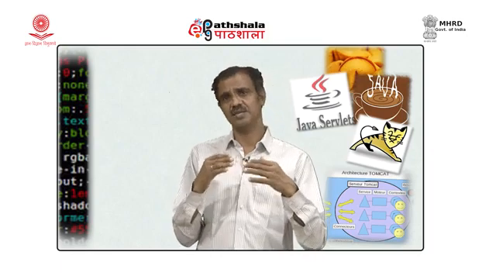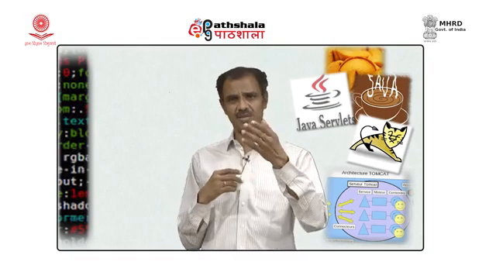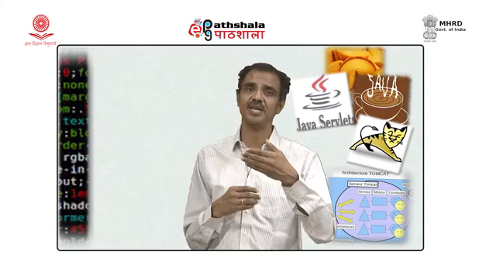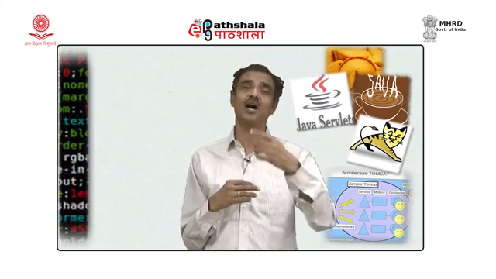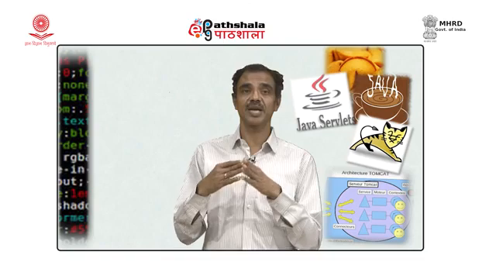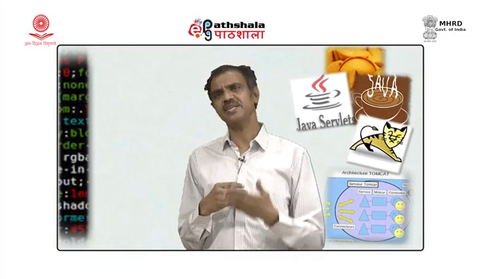This iteration tag has an ability where you may use an iteration tag where normally we have some kind of body. Now, you may like to repeat the body in the output again and again till a certain condition is met, which may be decided by the tag only. Then we have a body tag, which is again an extension of the iteration tag.